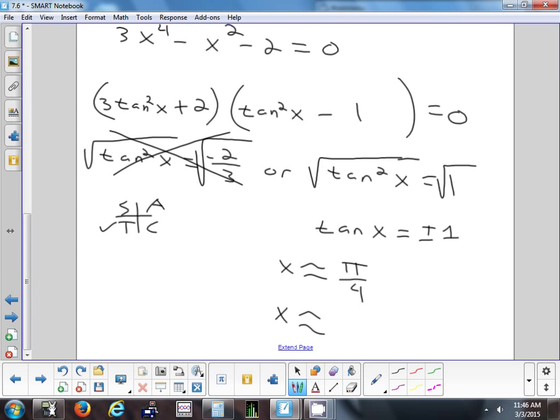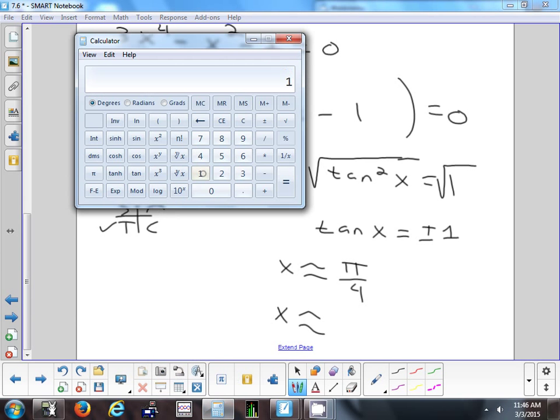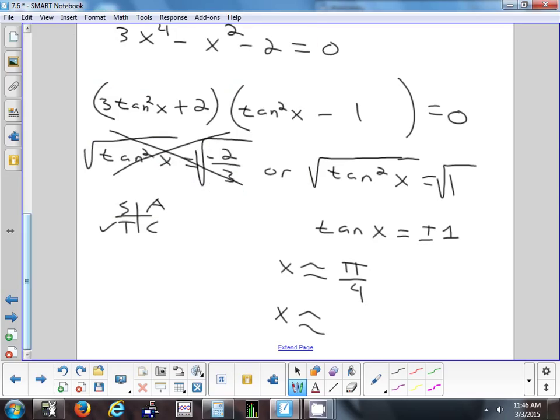Now I need the inverse tangent of -1, and I get -pi/4. Now, there's another quadrant where tangent is also negative. Tangent is negative here and here. I just got an answer here, -45.